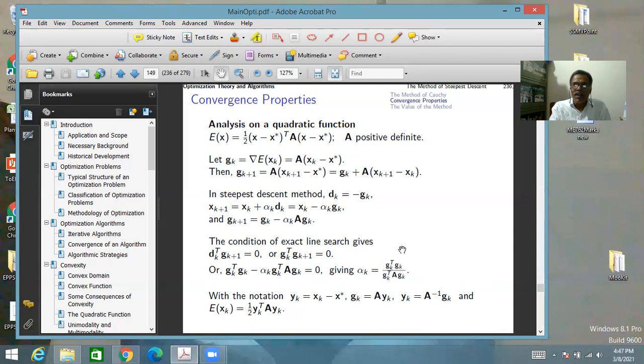Now, this turns out to be the expression because it is the steepest descent method. Negative gradient is the direction. In any other direction, also, you can work out an expression like this analytically. So for a quadratic function, you really do not need the actual line search to get it. For a general function, you need that.